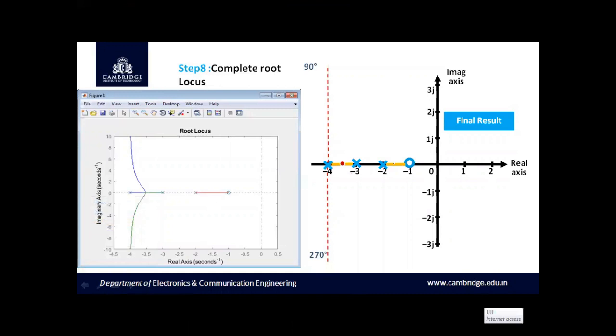And we know that one of the poles will be terminating at 0. The pole at s is equal to minus 2 at k is equal to 0 terminates at 0, at s is equal to minus 1, when k reaches infinity.